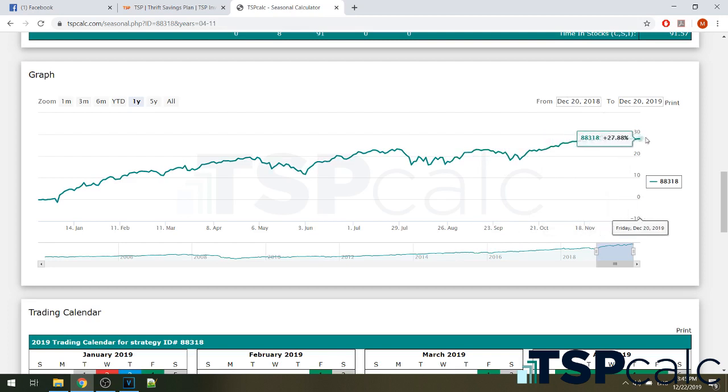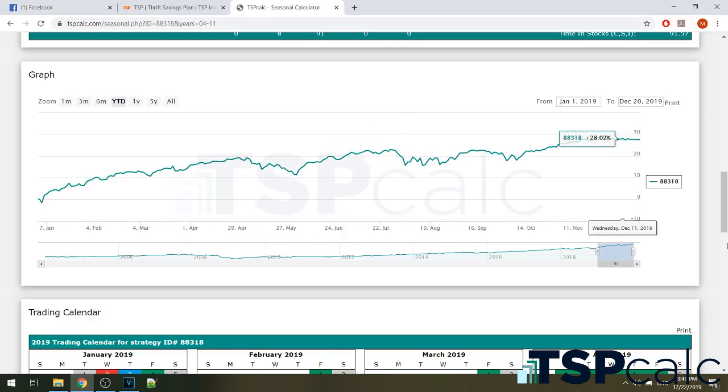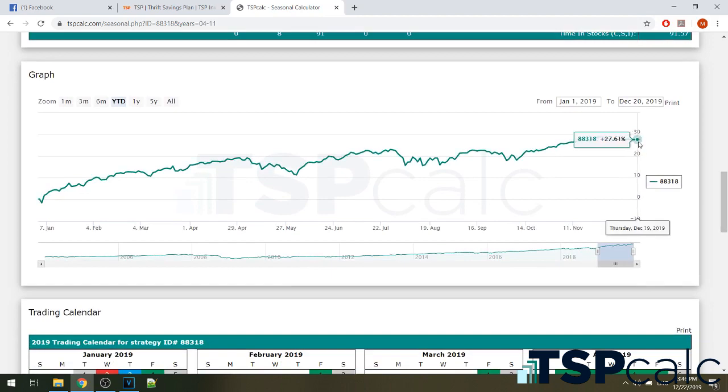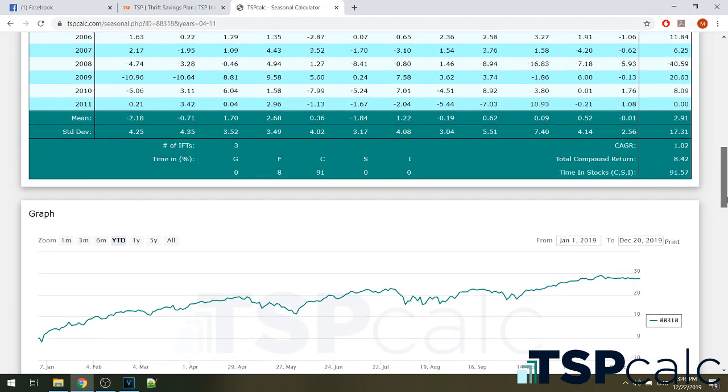So at the very end here, I see 27.88% year over year. Click on year to date. Then you see that year to date we're at 27.58%.